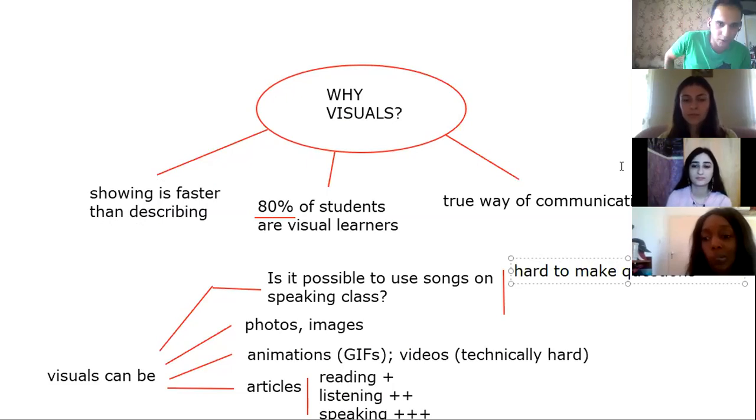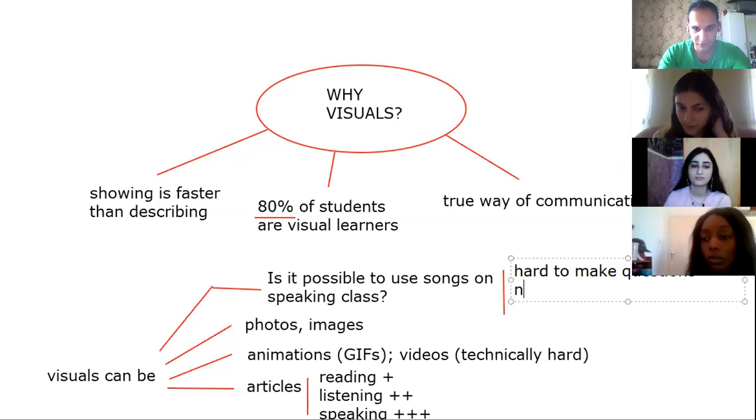But with a song, if the song is about, let's say, love, then okay, that's our topic about love. But then we speak about love, not the song, right? So it's hard to connect all the song to the questions you're going to ask in the entire conversation.